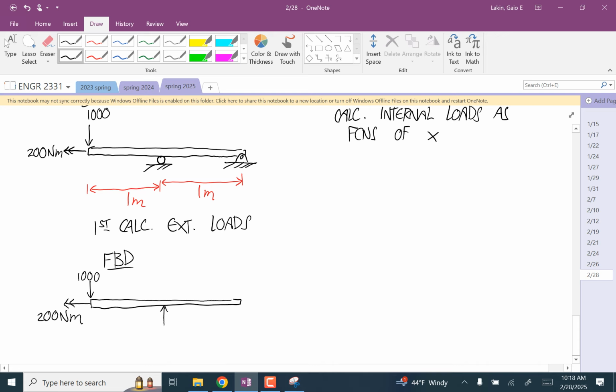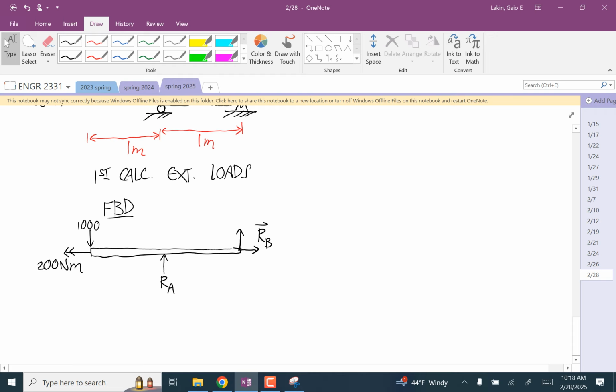We have an upward force at the middle. I'll call that RA. And then we have an unknown force vector I'll call RB at the right. Okay. And I'm going to do, for this, since it's not internal loads yet, we're just doing the external loads, I'm going to calculate my moments around that point at the right end.